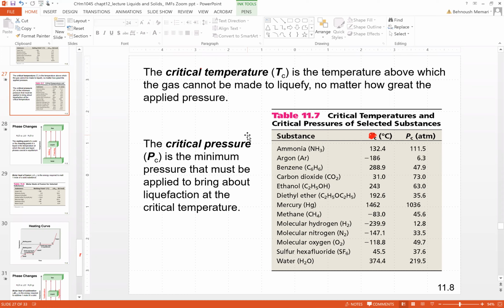When you look at the graph that I showed you, it's a point on the temperature line, let's say up here if it's the critical temperature, and then you have the pressure. So anything right below, you can look at the pressure that can change the sample to liquid. But anything higher, it doesn't matter how much pressure you apply, it is not going to change to liquid.